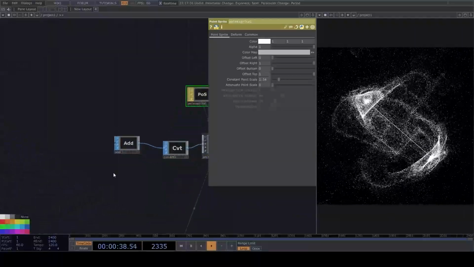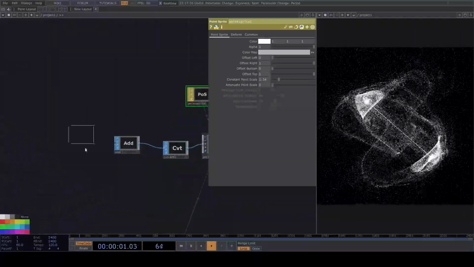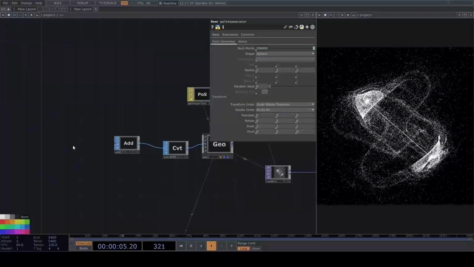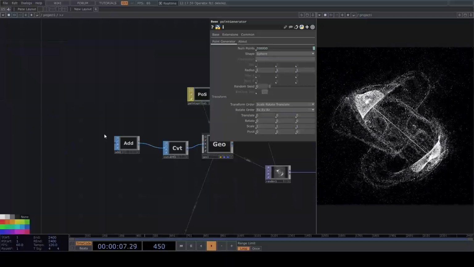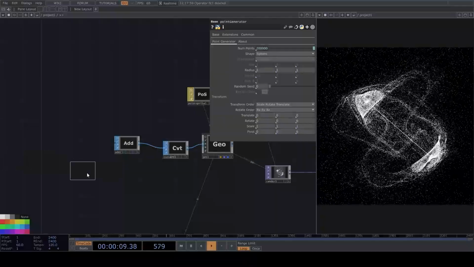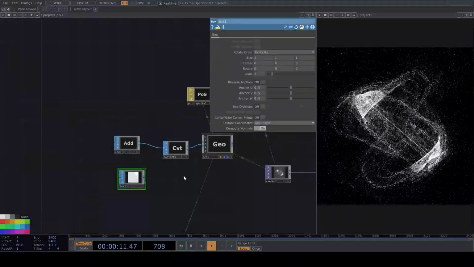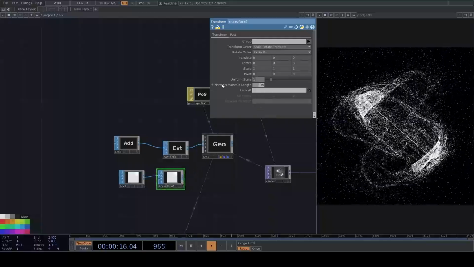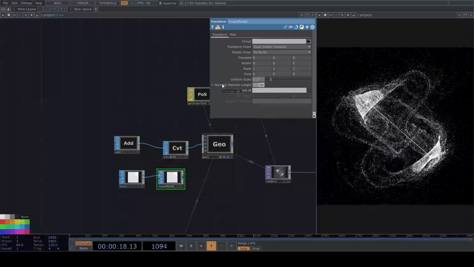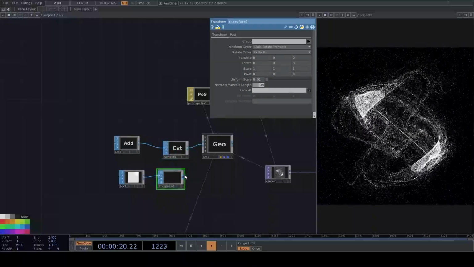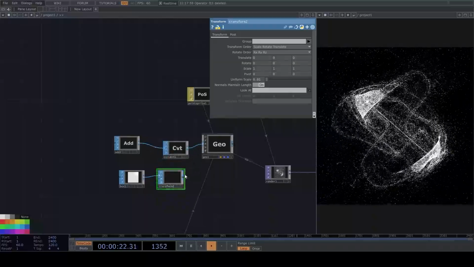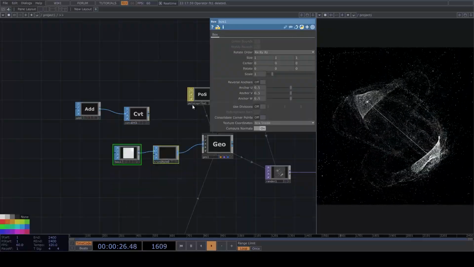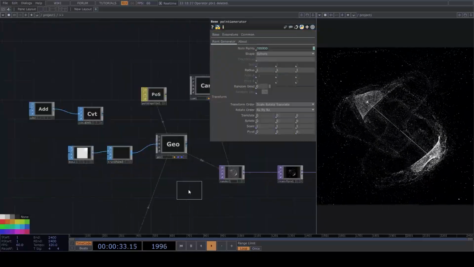Let's implement cubes here instead of points. Here, let's use phong here.